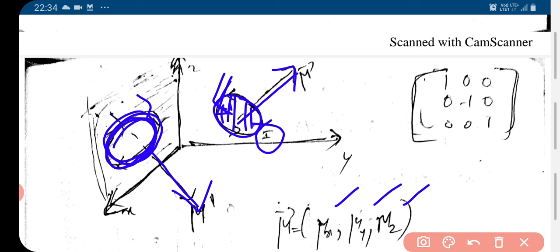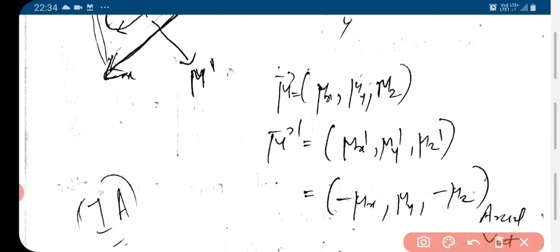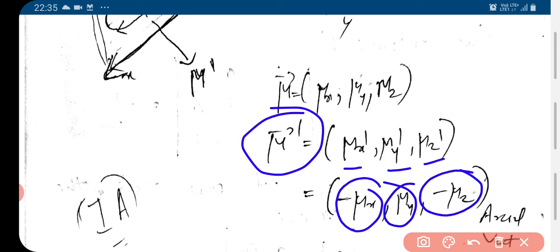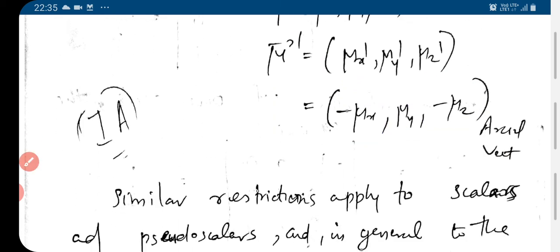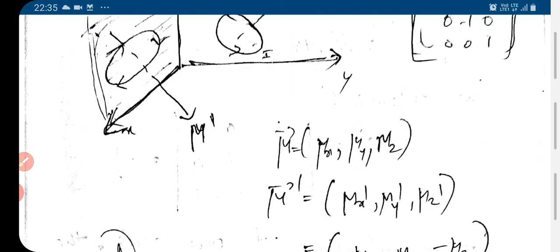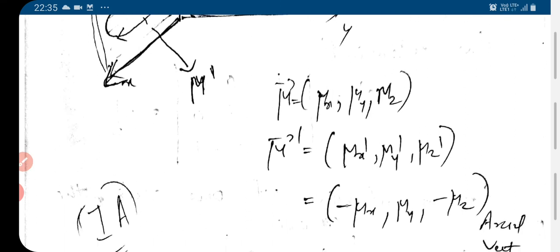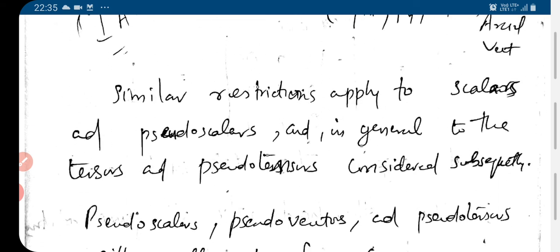The net effect is that mu prime, with components mu x prime, mu y prime, mu z prime, will have minus mu x, minus mu z, and mu y. So mu y prime is equal to mu y. So mu prime is equal to minus mu x, mu y, and minus mu z.